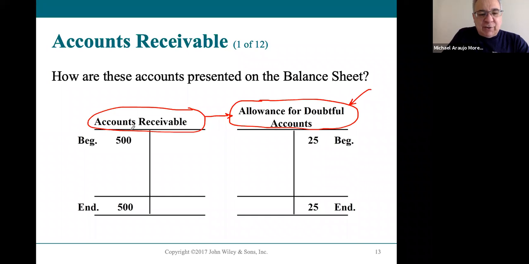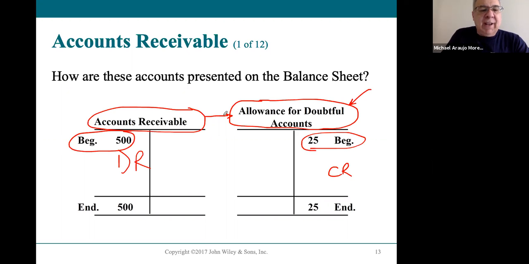So here you have accounts receivable, and this is just an example, shows a $500 balance. Notice accounts receivable is an asset account, right? The balances would be on the debit side because asset accounts have balances on the debit side. But the allowance for doubtful accounts is a contra asset. It's going to have its balance normally on the credit side of the account.